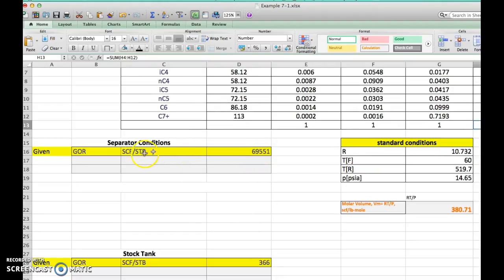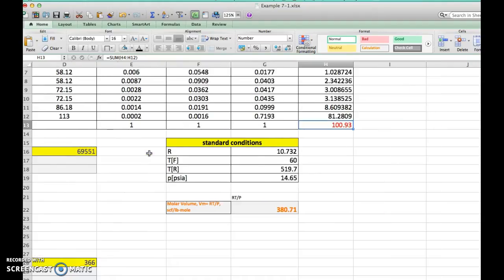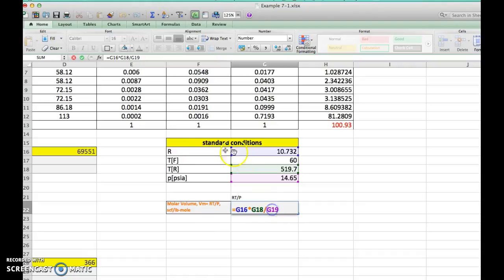In order to convert the SCF to pound moles, we use the molar volume, and we make an assumption here. The assumption is that at the standard conditions, we have ideal gas behavior. Using that, we could calculate the molar volume based on the ideal gas law, which is RT over P, at the standard conditions.